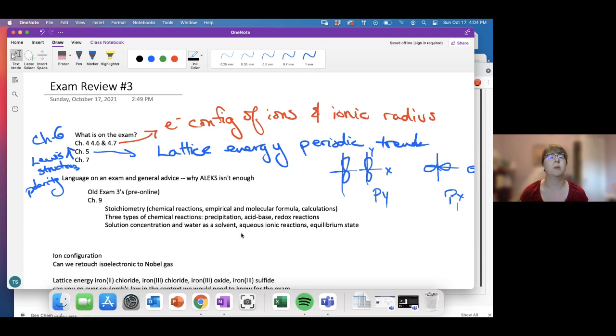One of the things I would really recommend you do is spend some time, two things. One, with the end of chapter questions, because those do have things worded differently from ALEX. So it's another way to get different kinds of questions. The other thing is when you guys go to lab, you're usually around folks from other sections, which means you suddenly have access to students who hear a different professor and how a different professor talks.